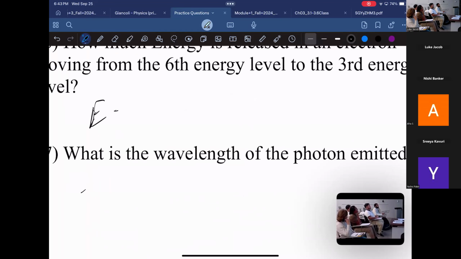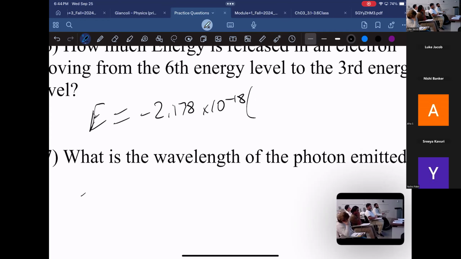This one's E equals -2.178 times 10 to the -18, and then 1/n² final minus 1/n² initial. Don't worry, this is on the reference table.